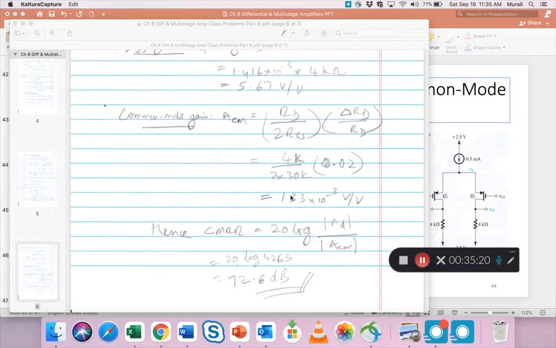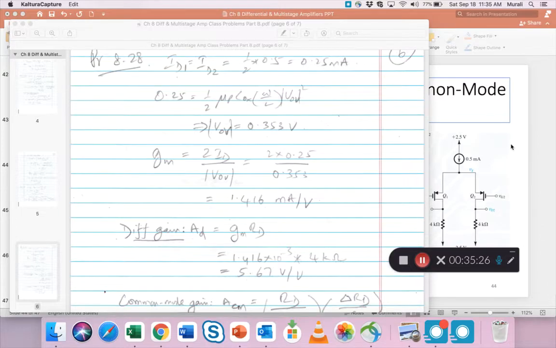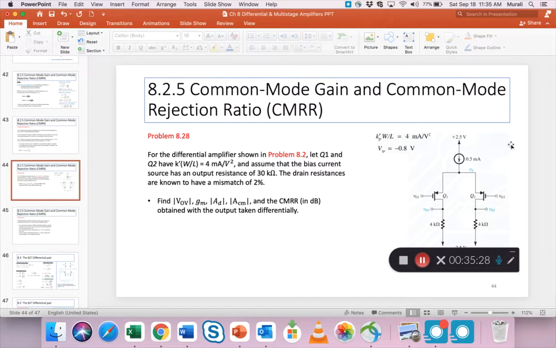I think it's a pretty straightforward example. Nothing too concerning. Notice how we went step by step to find all of these, and then we found CMRR.